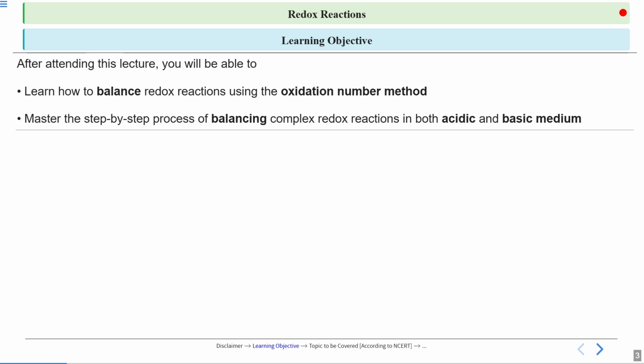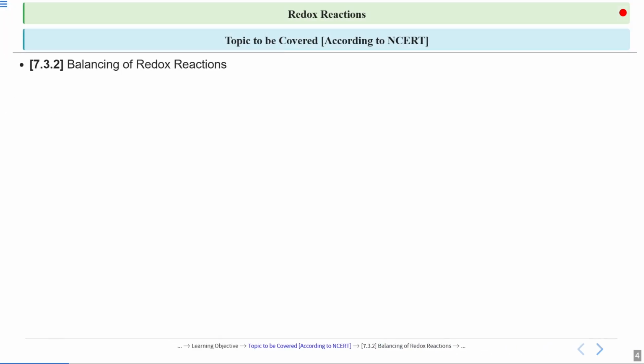Now moving ahead with the topics that are going to be covered in this lecture according to NCERT. So this is 7.3.2, that is balancing of redox reaction. In this balancing of redox reaction, we will use the oxidation number method.